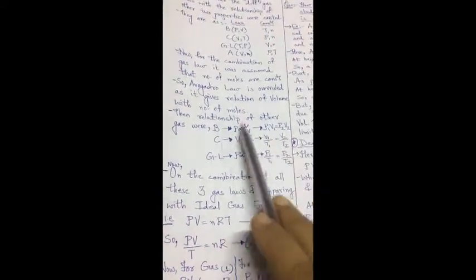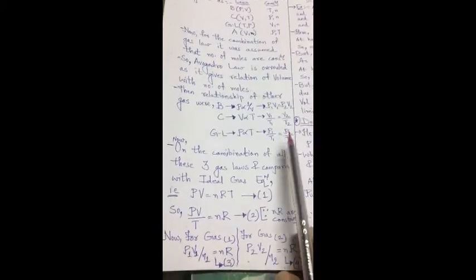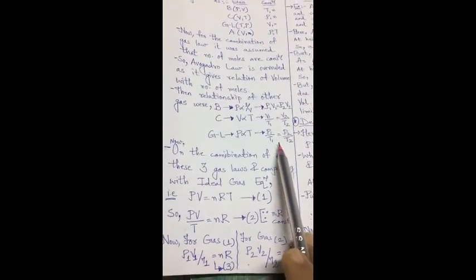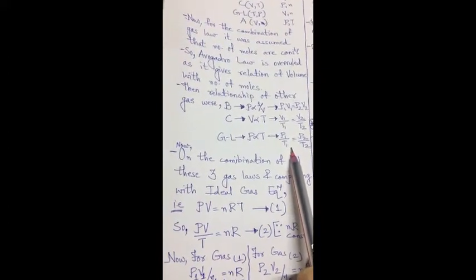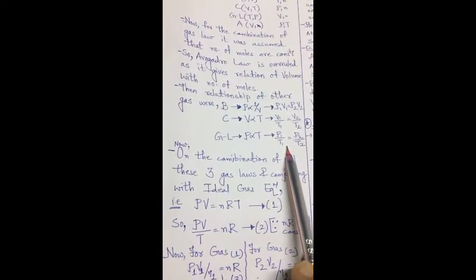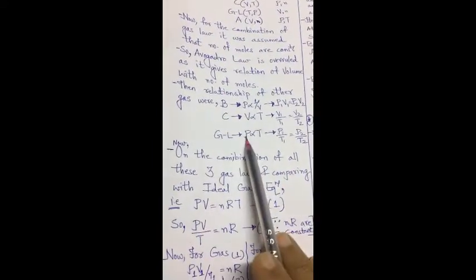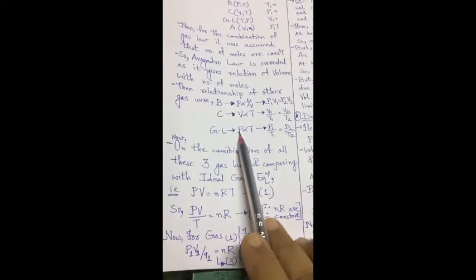Now when all three combine, we use the ideal gas equation, because as I told in the explanation of the ideal gas equation, the gas which follows all these laws is termed an ideal gas.